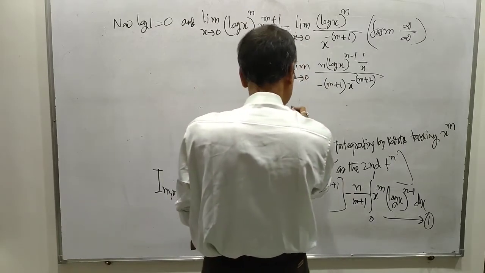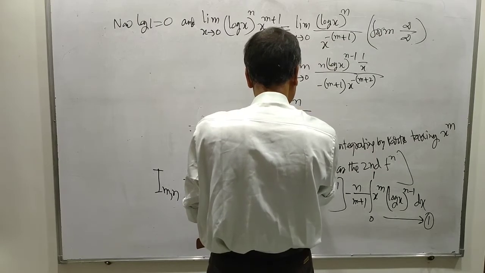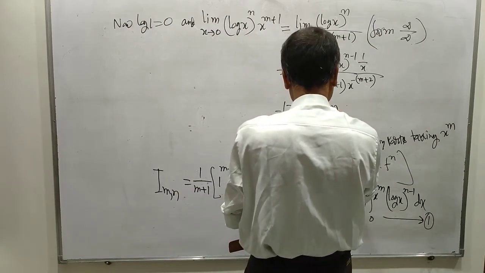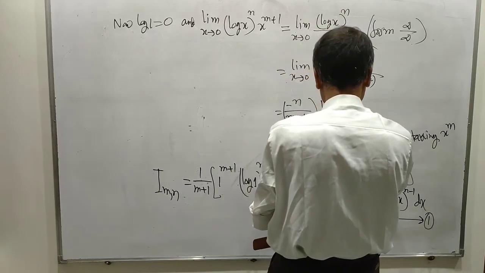This is equal to minus n by (m+1), limit x tends to 0.